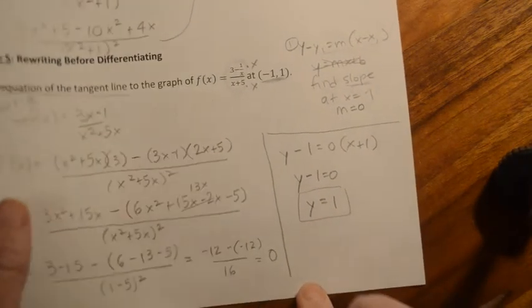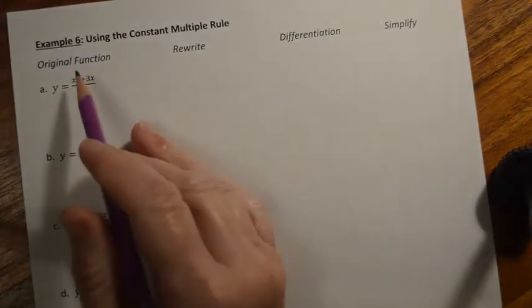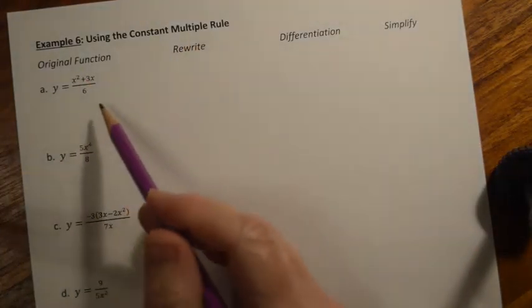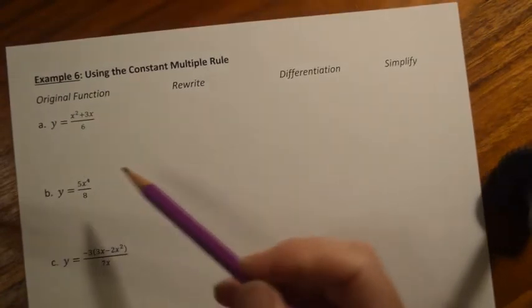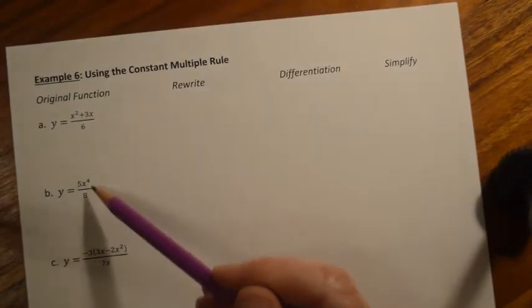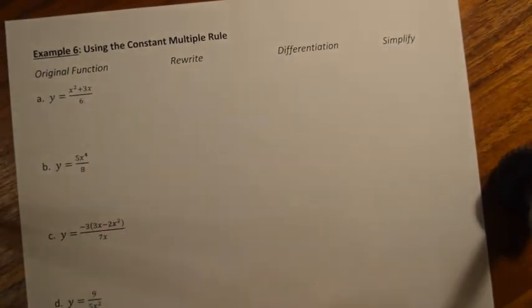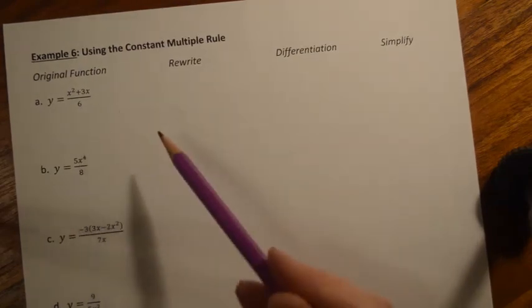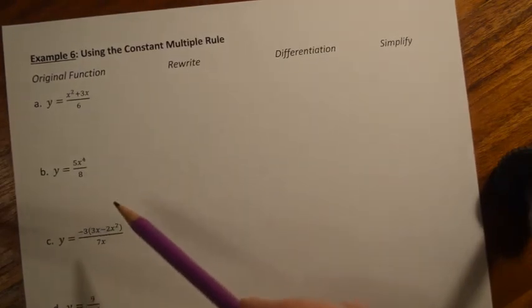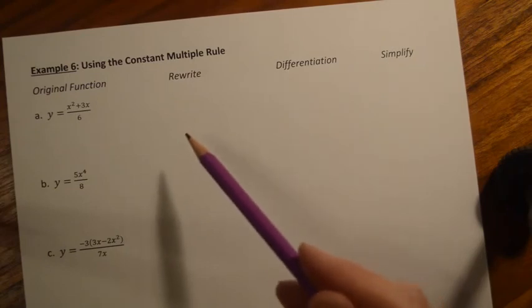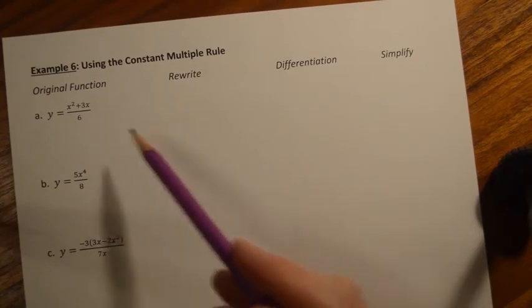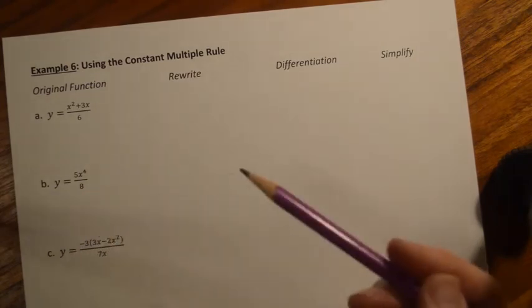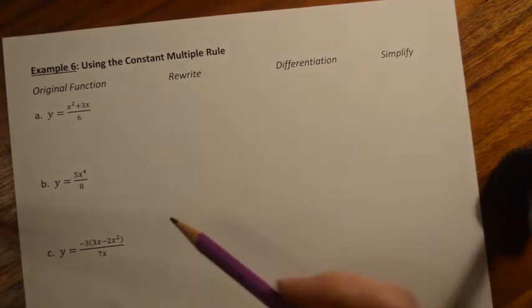Okay? All right, next page. All right, using the constant multiple rule. So what they're trying to do here is point out to you that there are times when it looks like a quotient, but if we do a little bit of algebraic work, we might be able to end up rewriting this not as a quotient, but instead as just a power rule.